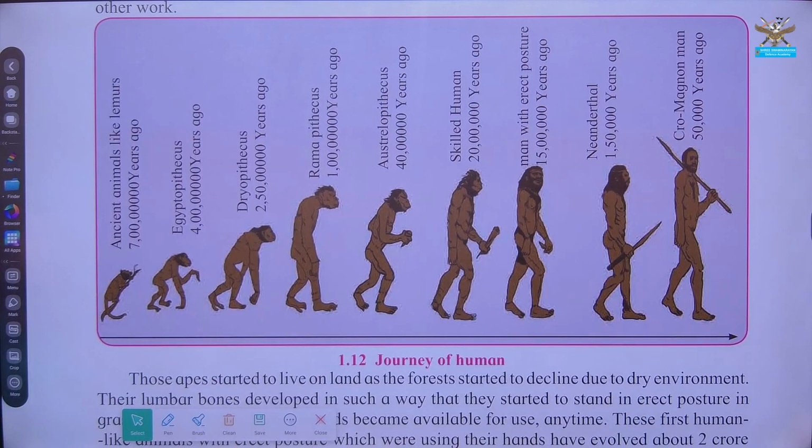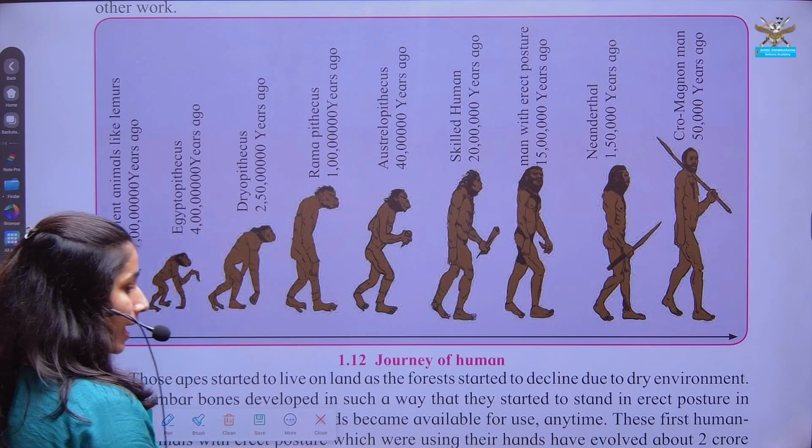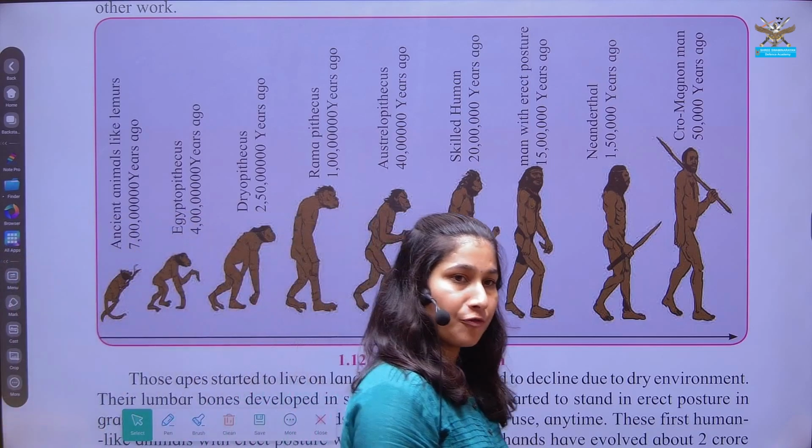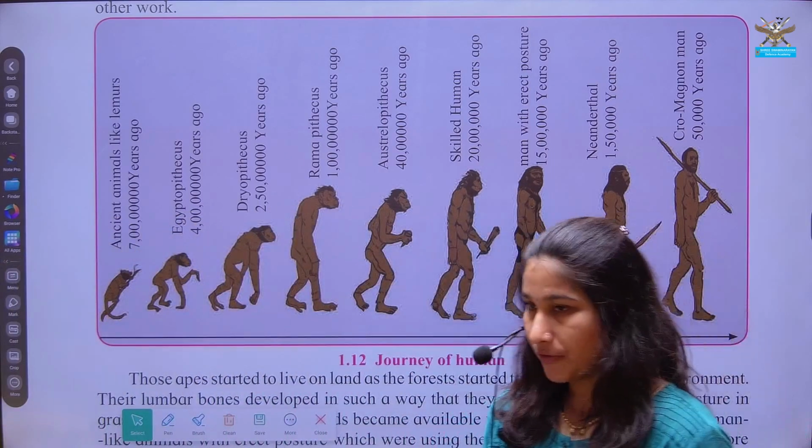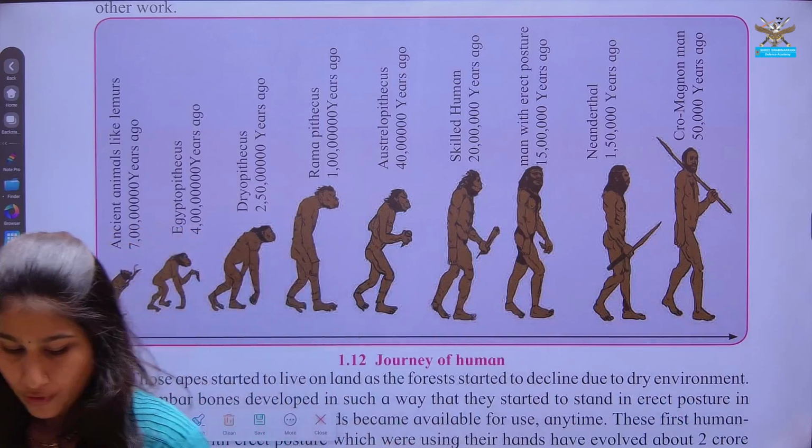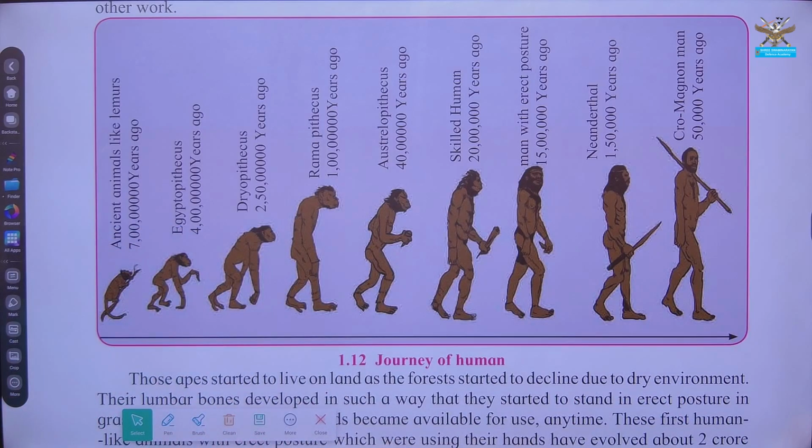The first human was Ramapithecus. Before that, ape-like organisms were seen in African regions. Okay, 2.5 crore years ago in the African region, gorilla and chimpanzee were seen.